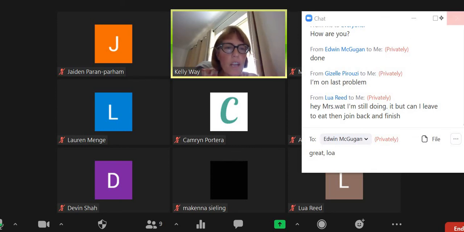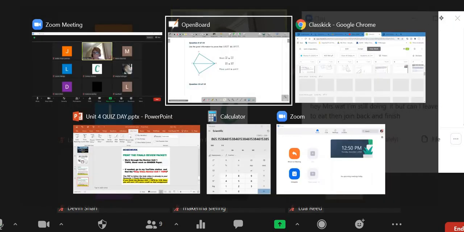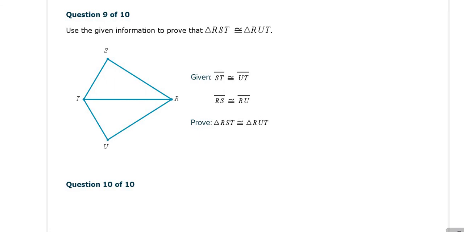Alrighty guys, I'm going to check in. So in this last one, what you want to follow is gift: given, implied, freebies, and then think it through. So step 1, we're going to put the given on the diagram. ST and UT are congruent. That gets us a pair of sides.